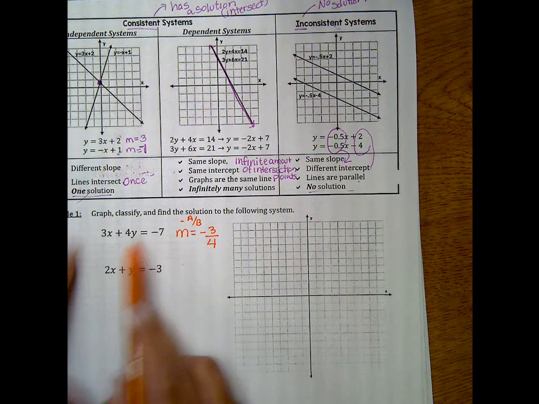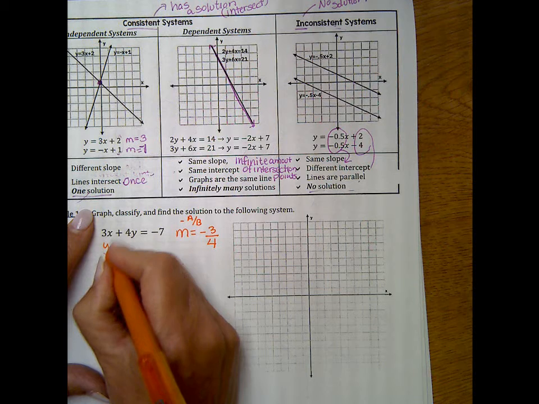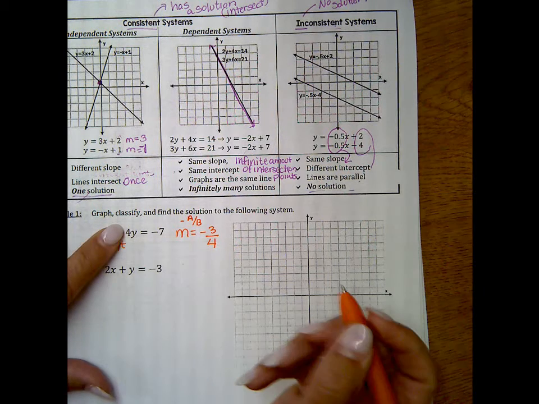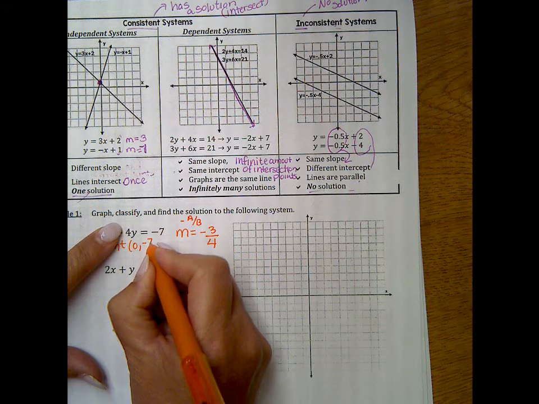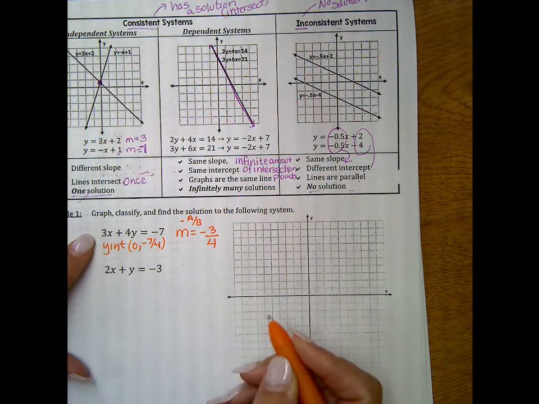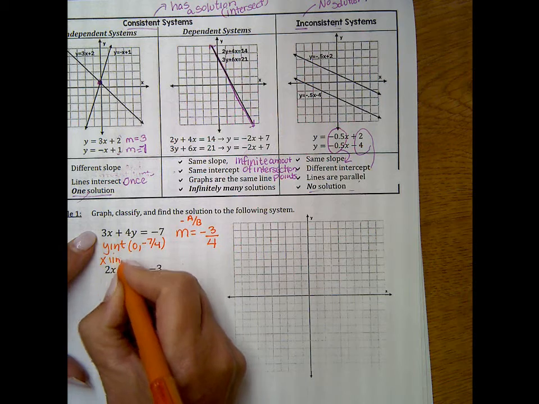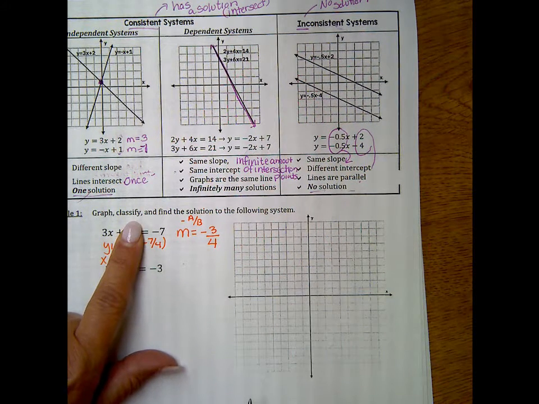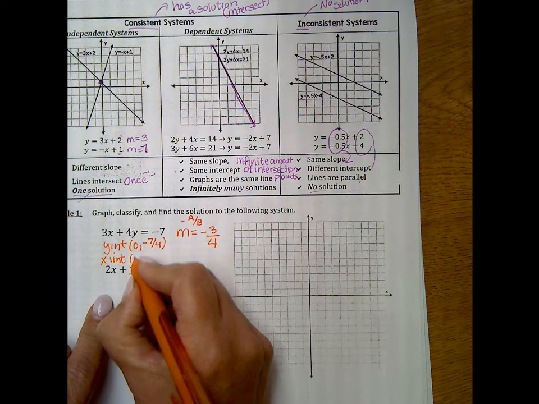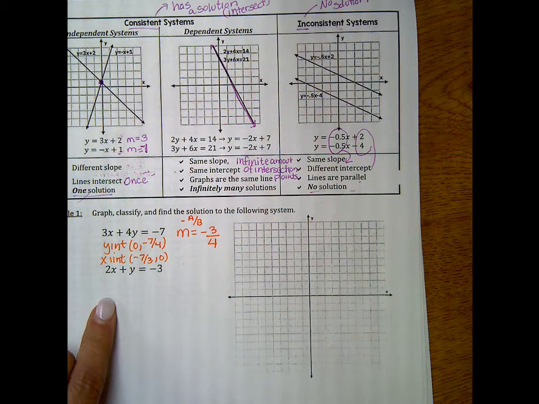The y-intercept, remember if we cover up the x, plugging in 0 for x, is -7 over 4. Yuck. The x-intercept, if you cover up y, plug in 0 for y, you're going to get -7 over 3. So both not great points.